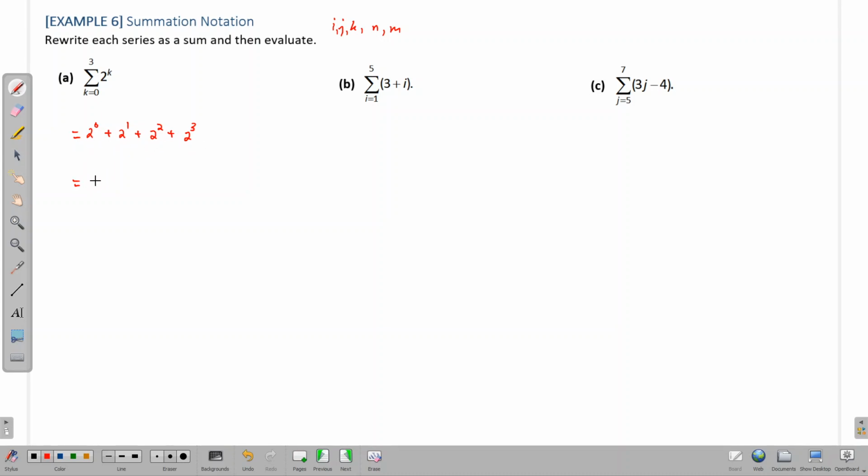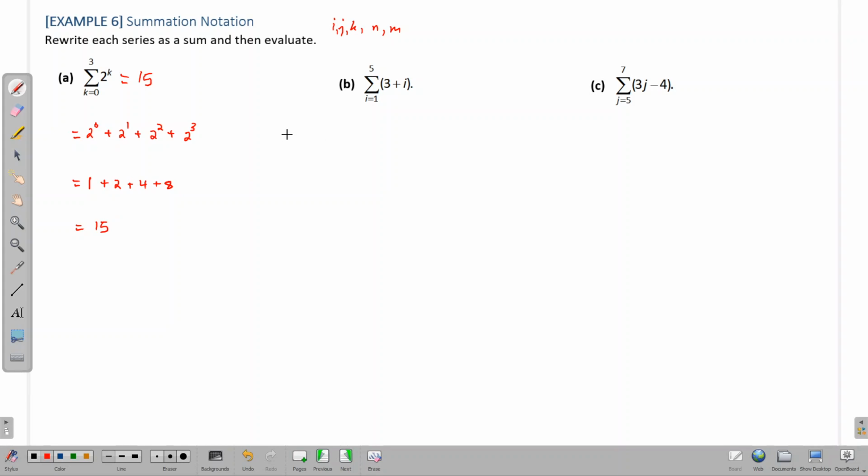I'm going to simplify each individual term first. So 2 to the 0, we know that anything raised to the 0 power that's not 0 already is 1. Then 2 to the first is 2, plus 4, plus 8. And if you add all those together, that's 15. So the answer to this entire thing is 15.